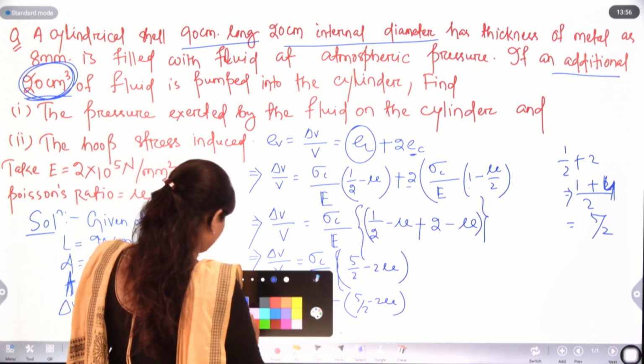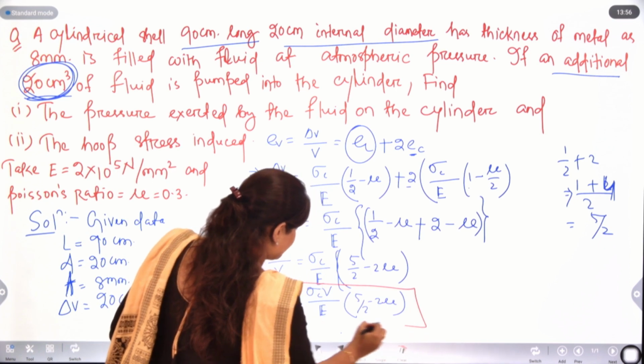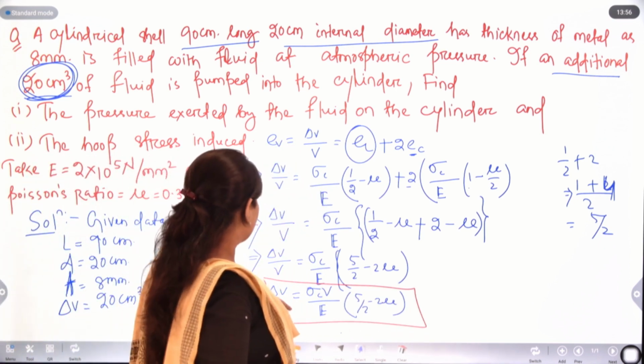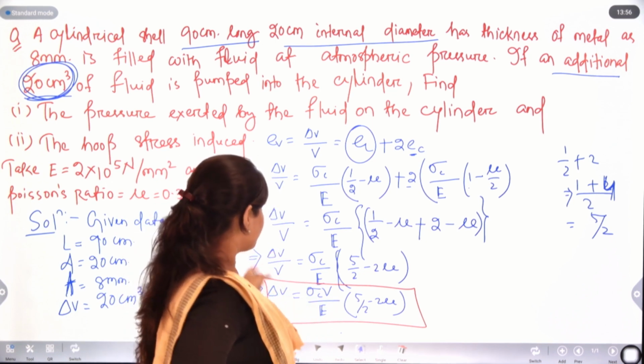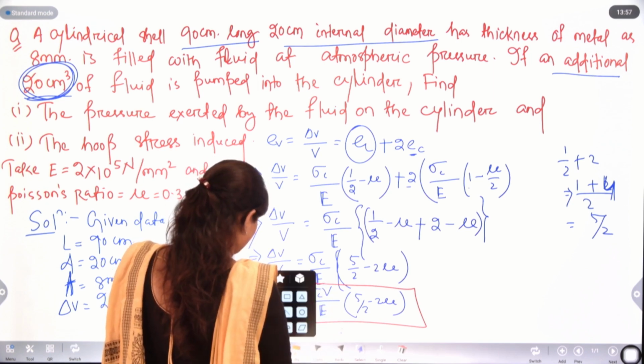Also, we need to remember this. Okay. If we remember this, we don't need to follow this whole step. So, directly we will put the formula here, and by putting the values, we will directly solve it. Okay.